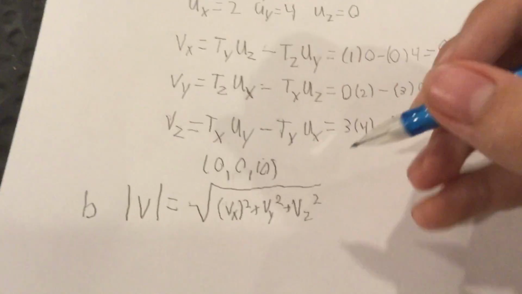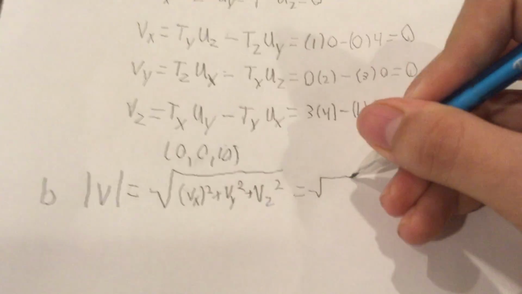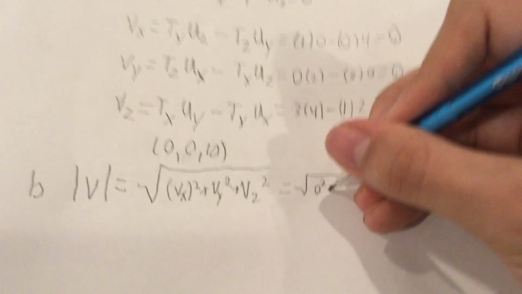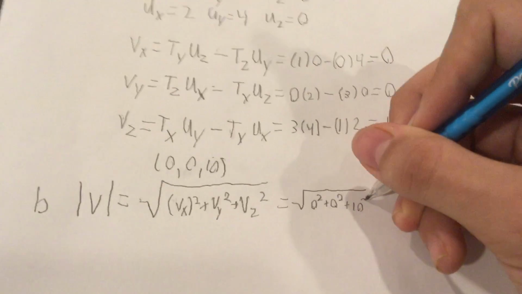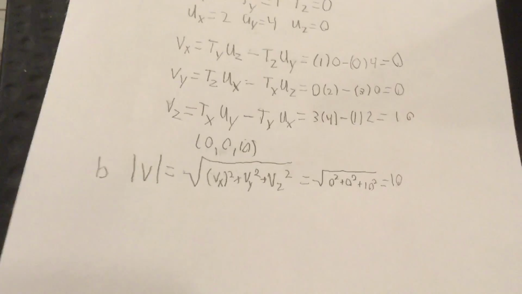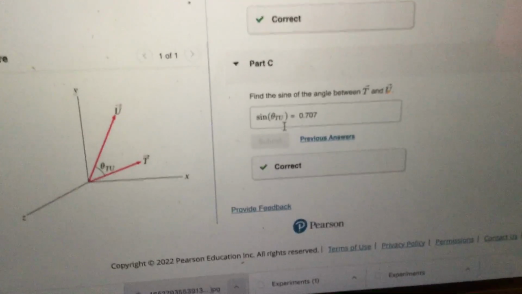So we plug those numbers in, and we get 0 squared plus 0 squared plus 10 squared, which is just going to equal 10. So the magnitude for vector v is 10. Now we move on to part C. Part C says, find the sine of the angle between vector t and vector u.